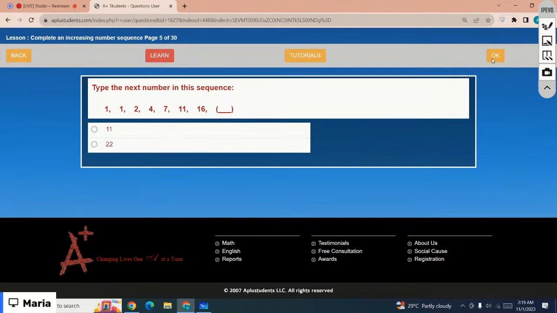The next one in the sequence is 22. The correct option is 22.